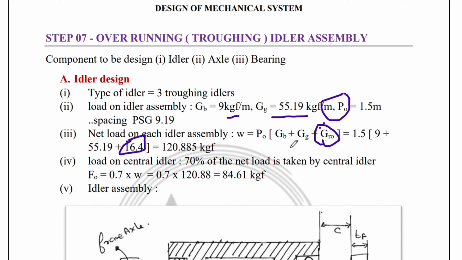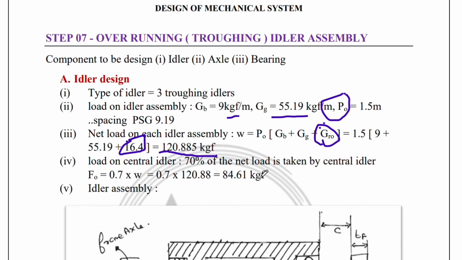After substituting all the values, you get W as 120.885 kgf. So the net load will be 120.885 kgf. Next we will find the load on the central idler. The load on the central idler will be 70% of the net load.